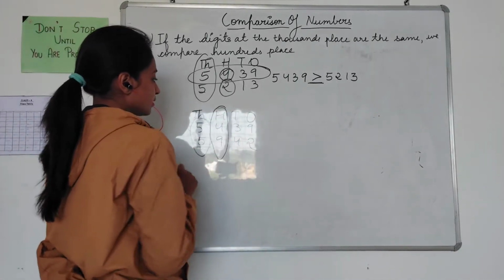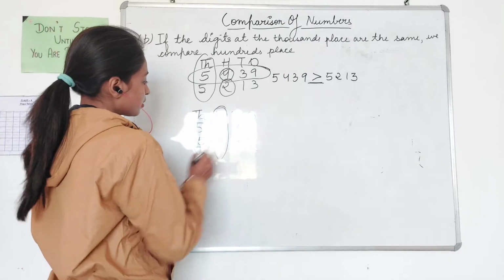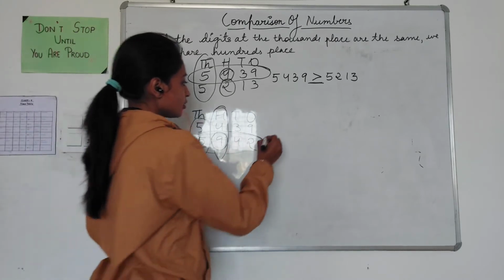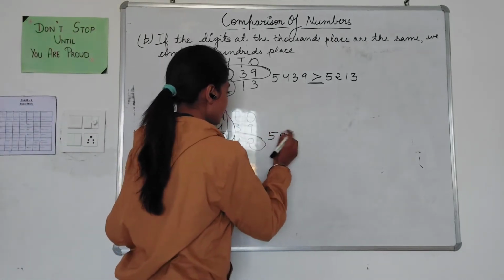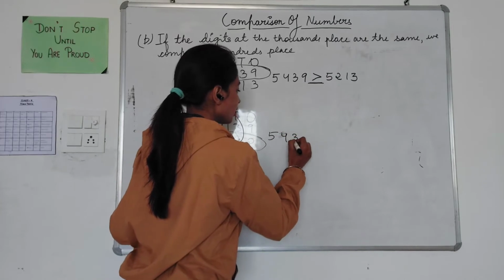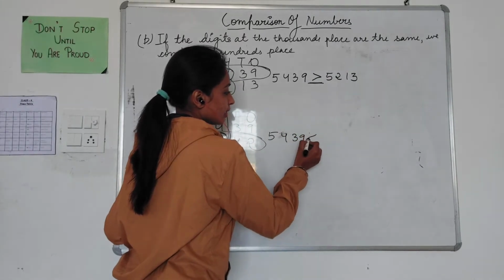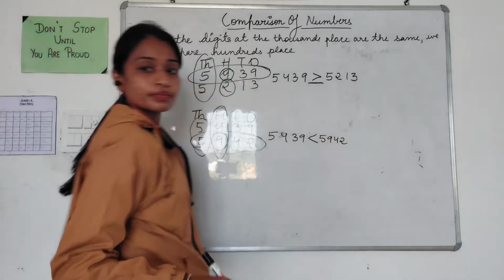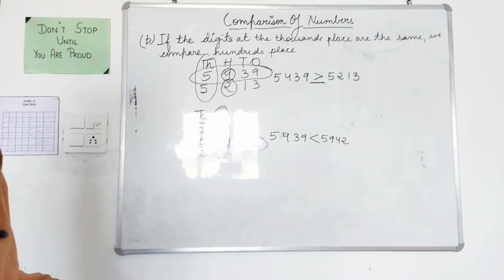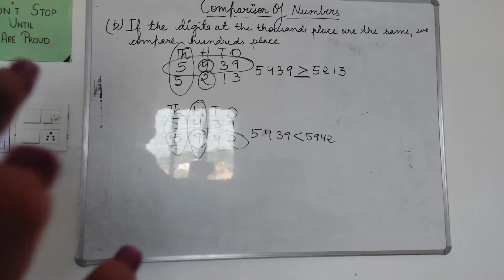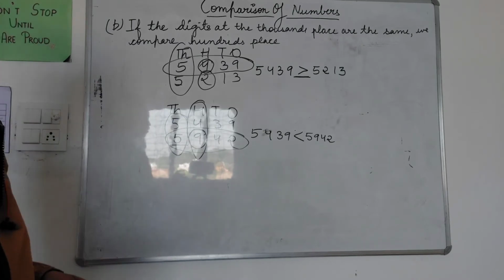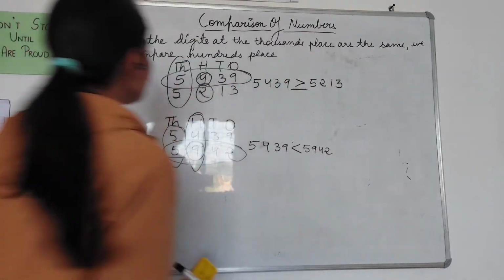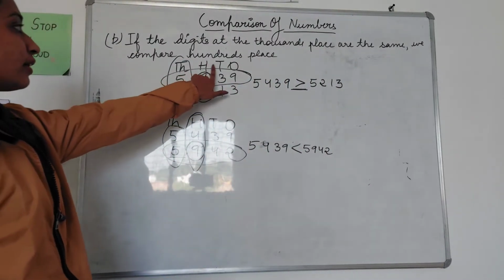Now we will check the digits at the 100 place. ठीक है, so here 9 is greater, this means this number is greater than this. So we will write it like 5, 4, 3, 9 is less than 5, 9, 4, 2. Now we check for all the places 1000, 100, tens and ones.